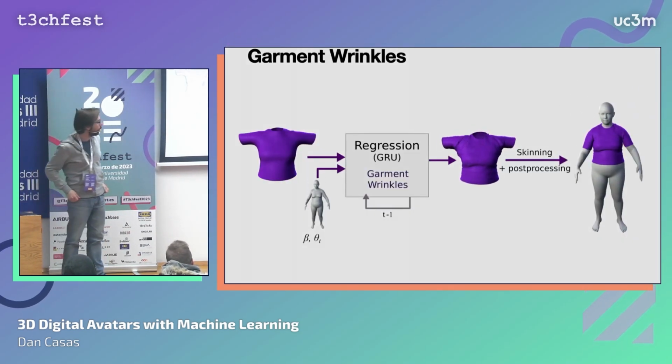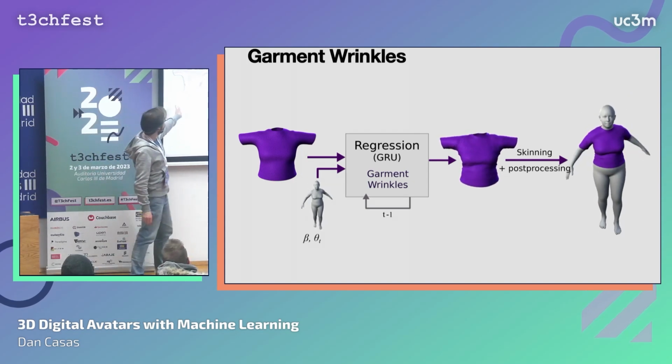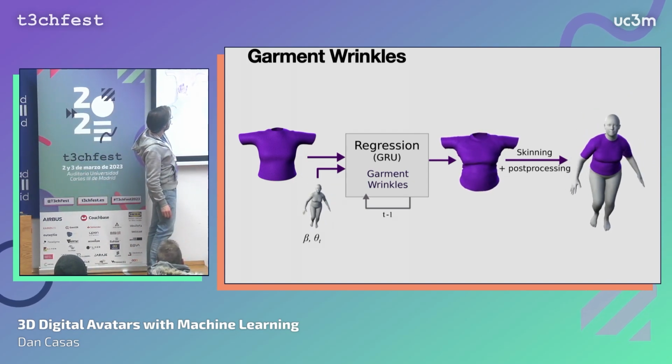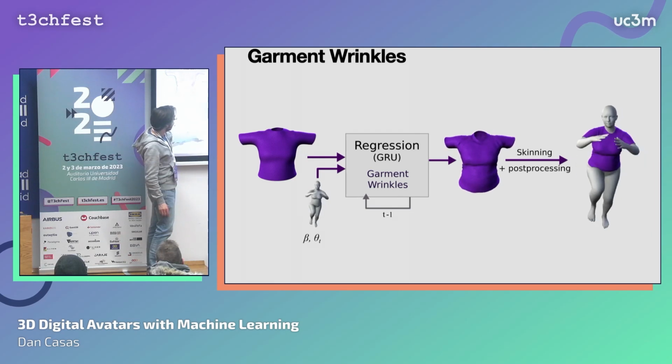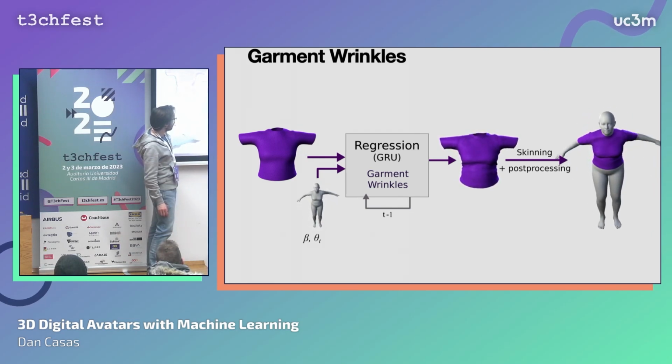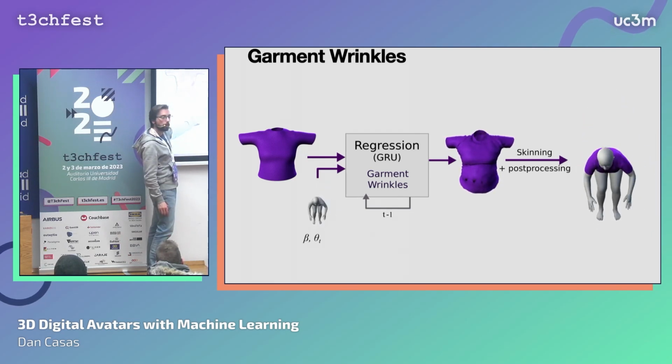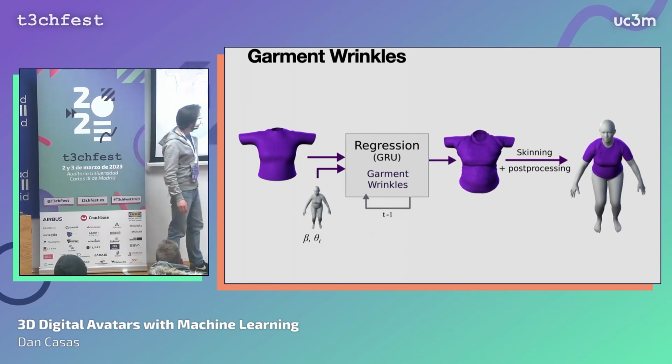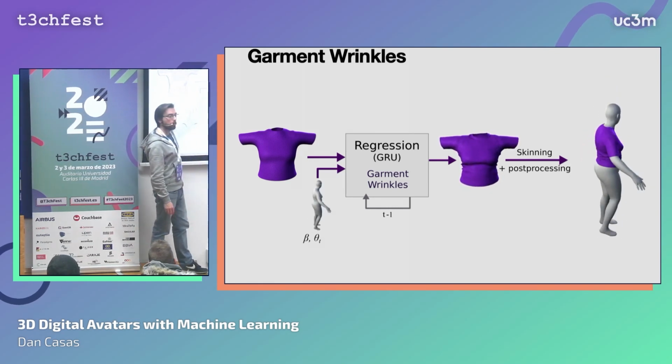Here the results are a bit cooler to see. And basically having the already roughly deformed t-shirt and getting as a function beta and theta, which is a descriptor of what this person is doing here, I want to infer the wrinkles that match this input pose.